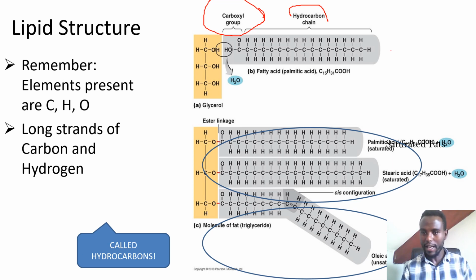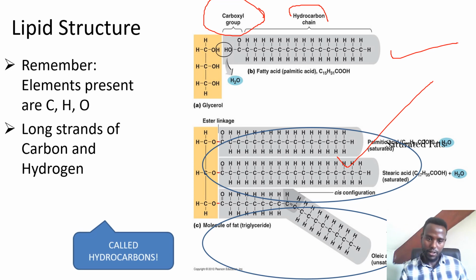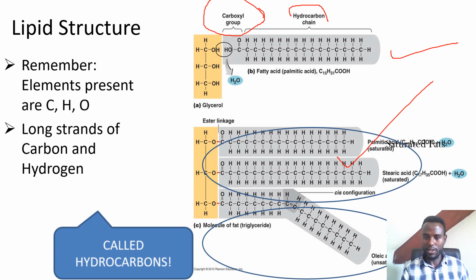This is the saturated fatty acid. This one is unsaturated because it has a branch, or a cis configuration. These are called hydrocarbons, which have carbon and hydrogen, long strands of carbon and hydrogen.